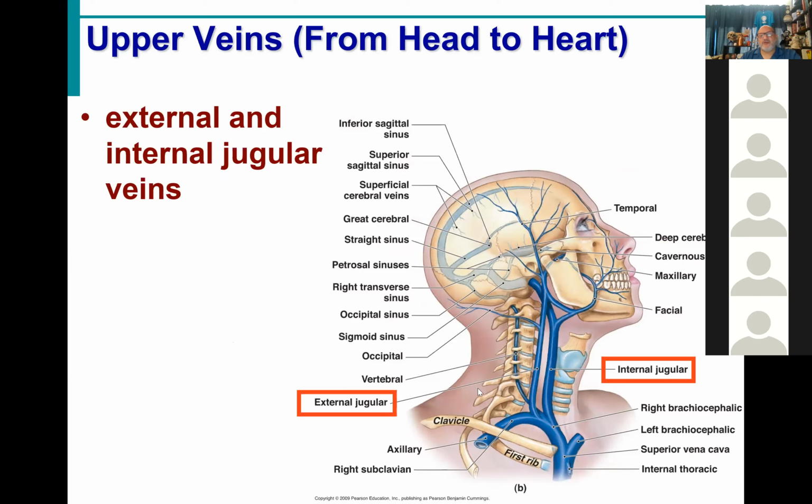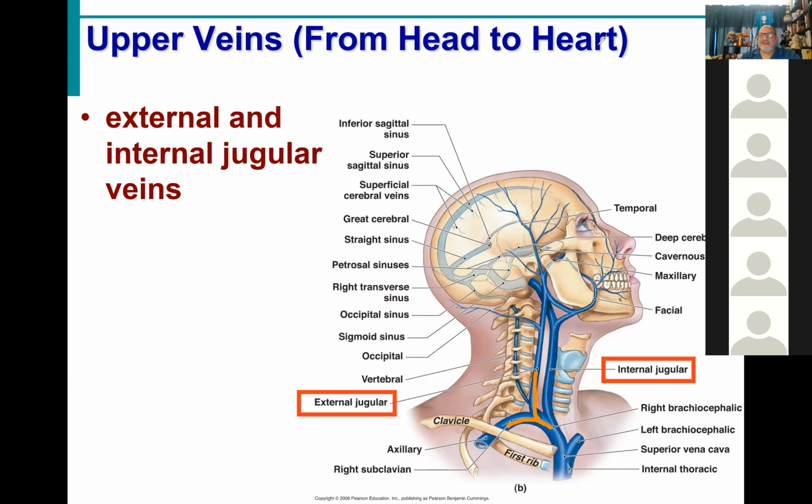Now, aside from being named different, internal external carotids versus the internal and external jugular, notice there is no common jugular. Instead, as you can see, external jugular feeds directly into the subclavian vein.